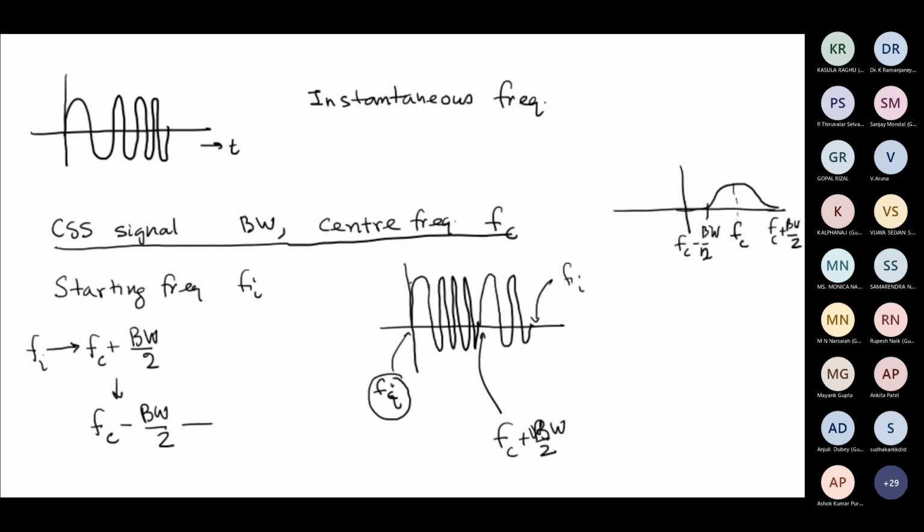So basically, we will start with an instantaneous frequency Fi, gradually increase the frequency until we reach a maximum of Fc plus Bw by 2. Then instantaneously we will drop off to an instantaneous frequency of Fc minus Bw by 2.